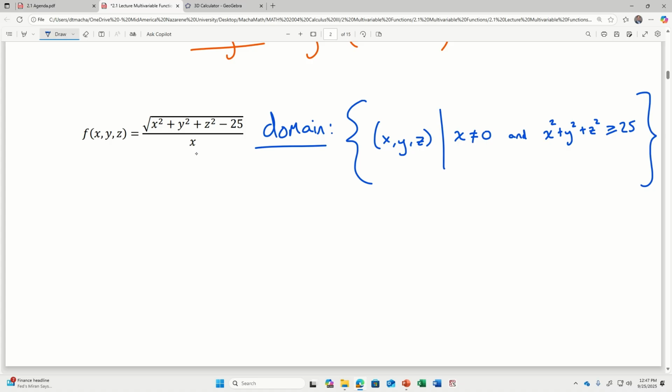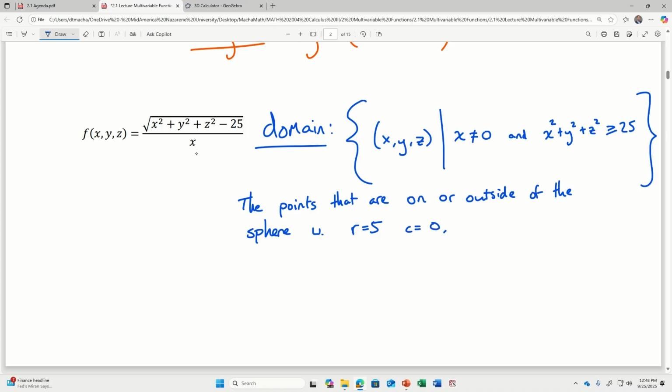We are talking about the points in space that are on or outside of the sphere with radius 5 centered at the origin.